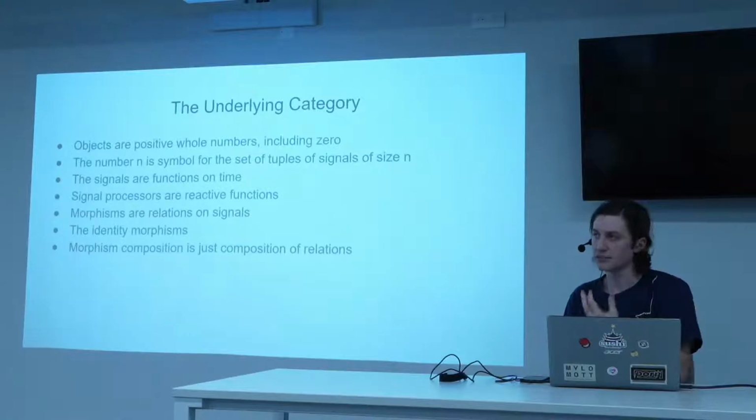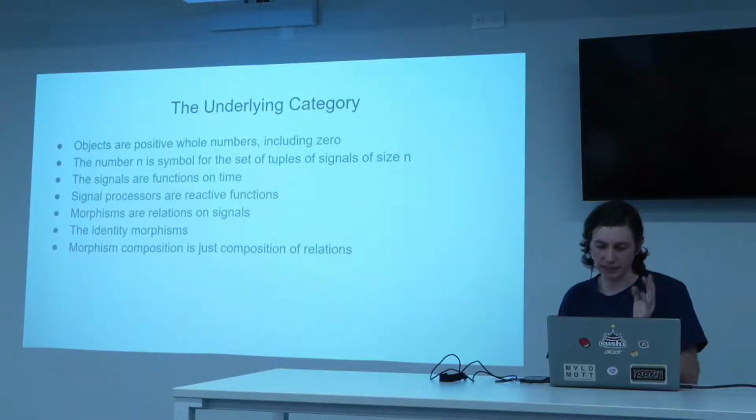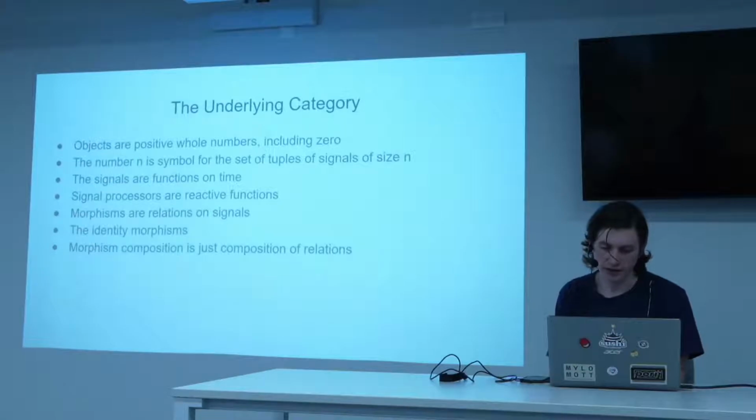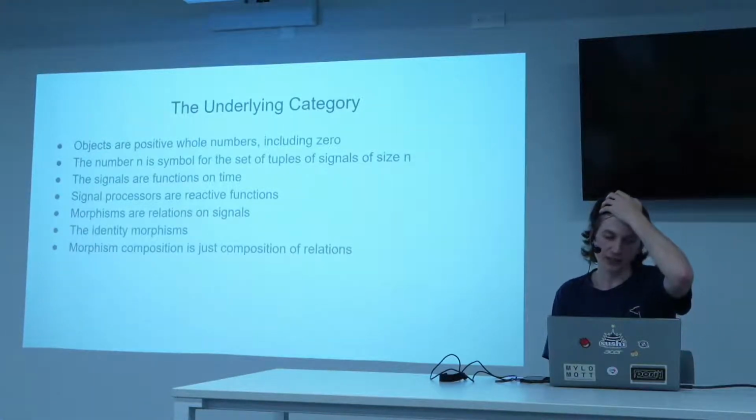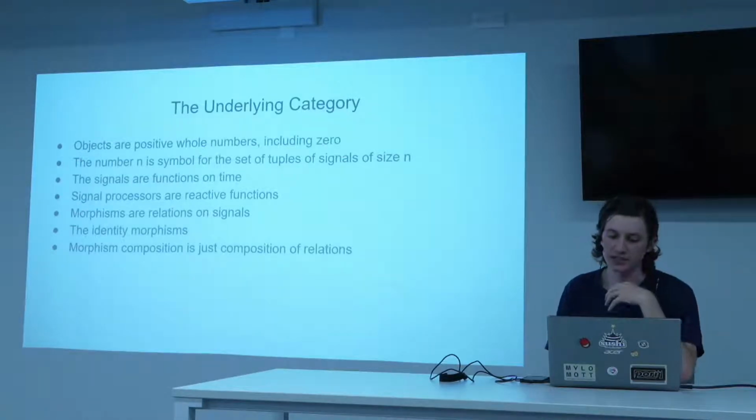You either have the empty tuple, which would relate to 0, or any pair of signals would relate to the positive whole number 2. And I did this because the contents of the signals don't matter so much as the number of signals that are present.